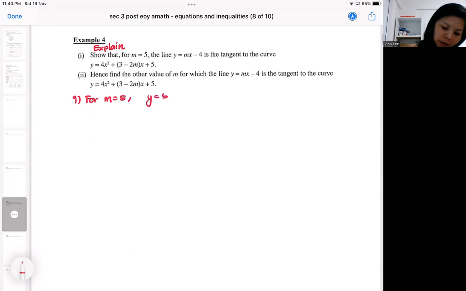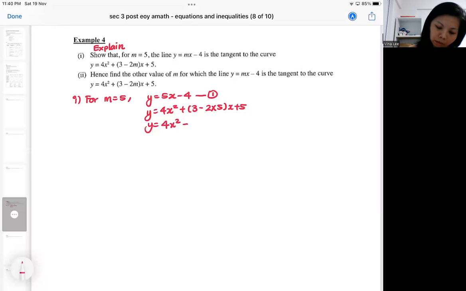You can see a clear straight line, and you can also see the quadratic function. If you put in m equal to 5, you will see a straight line and a quadratic equation.